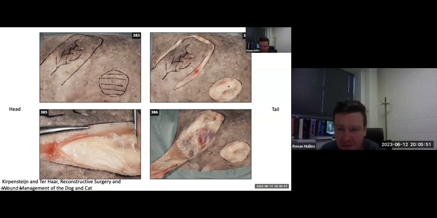Obviously, in this example, you could arguably say that you could just close this primarily, but just for demonstration purposes, the outline of the flap is created. We create the bridging incision, which would be extending from this point here. The reason I put this in is just to highlight that this would be the cutaneous trunci muscle here, so it's important that this is included with the flap and that you dissect deep to that.